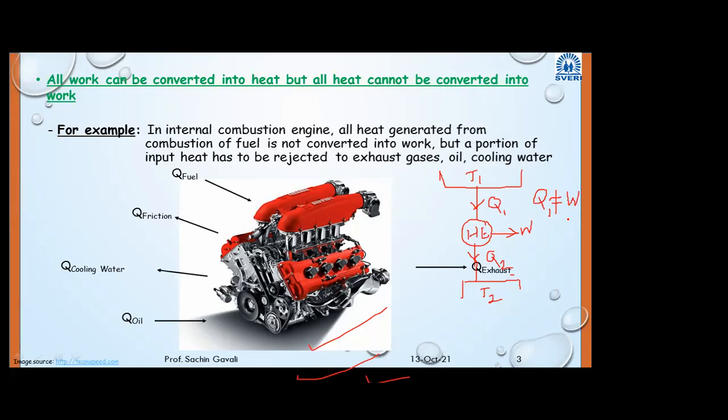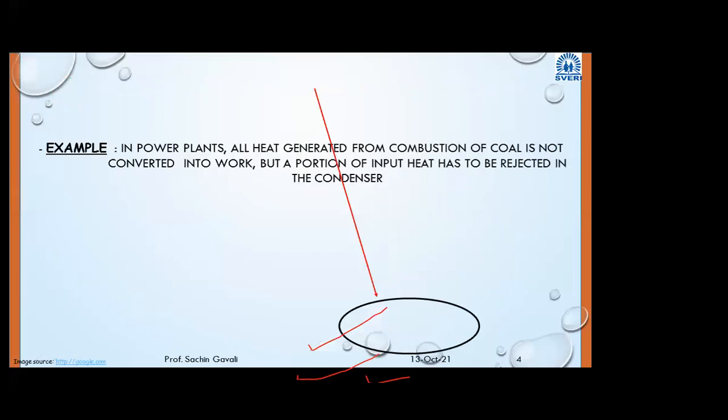Heat is a low grade type of energy, work is a high grade type of energy, and it is not differentiating between them, so it is not a qualitative law. At the same time, how much heat can be converted into work, that quantity is also not explained, so it is not a quantitative law either.